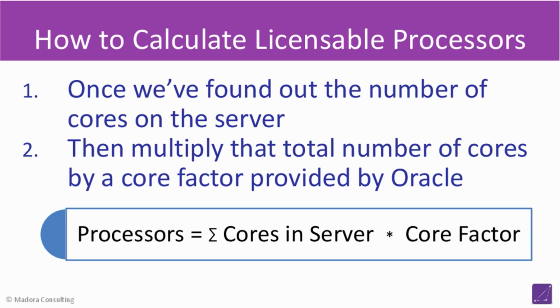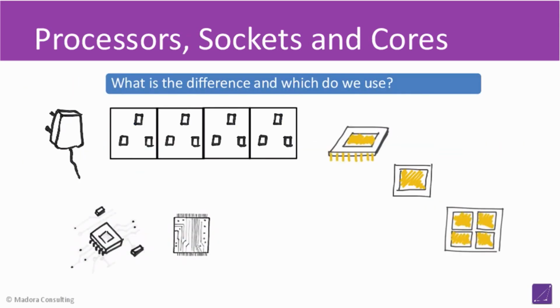And that might not always be obvious, and it can be confused by different terminology. People talk about sockets, cores, CPUs, processors, and all sorts. So in a server, there will be a number of sockets available for processors to be plugged into.